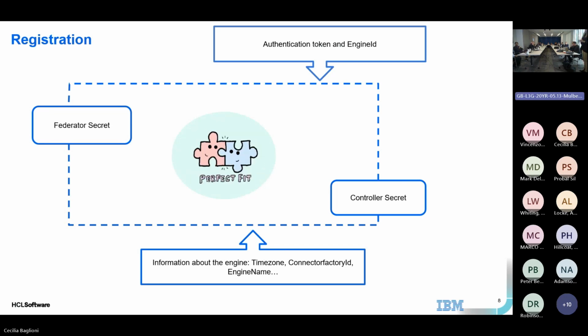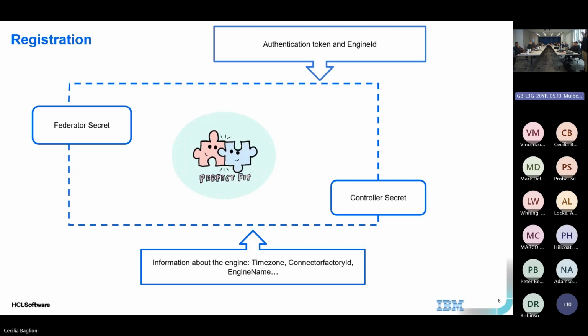Okay, before the bulk, an important phase is the registration. So the controller secret must match the one on the federator. The controller sends to the federator the secret and other useful information that you have defined inside the MIRROR OPTS or OPCOPTS statement, like connection factory ID, engine name, time zone, and so on.